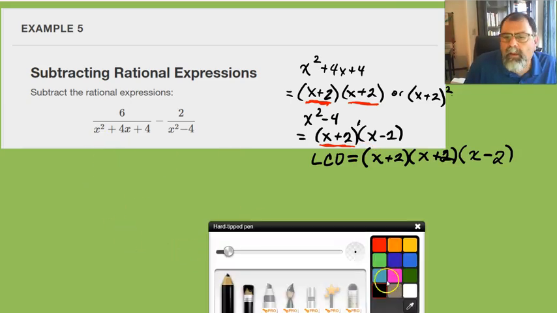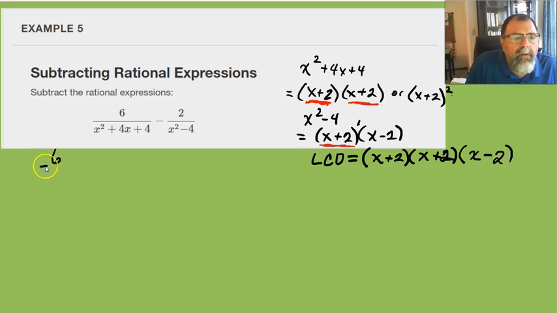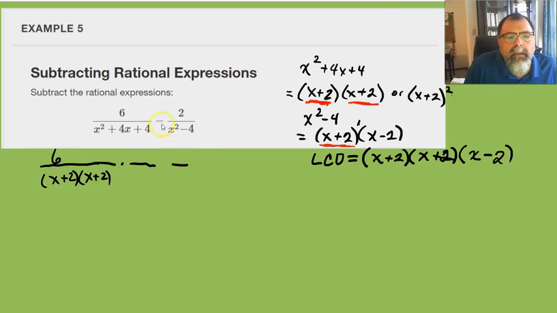The reason I like to do it all factored out is that when I build my common denominator, I can look at the factors. For the first one, I have x plus 2 squared, and I'm going to write it as x plus 2 twice. And here's a technique I should show you.